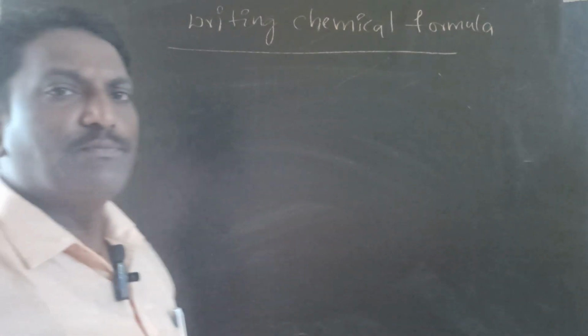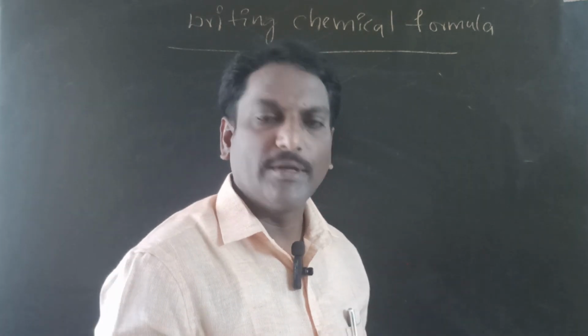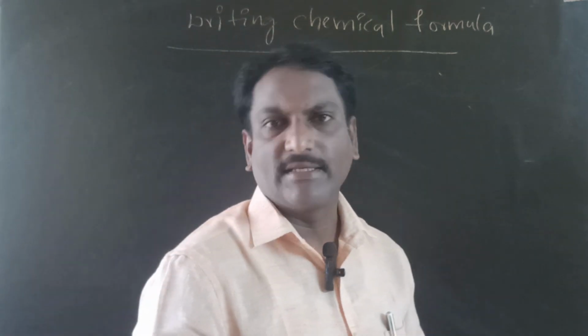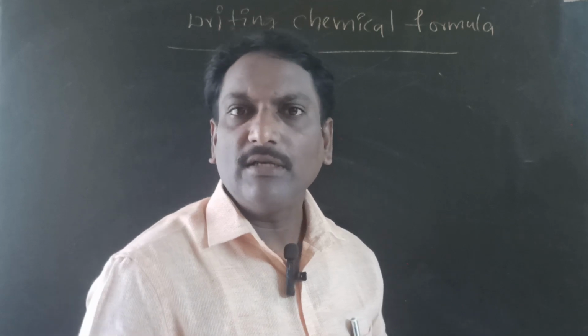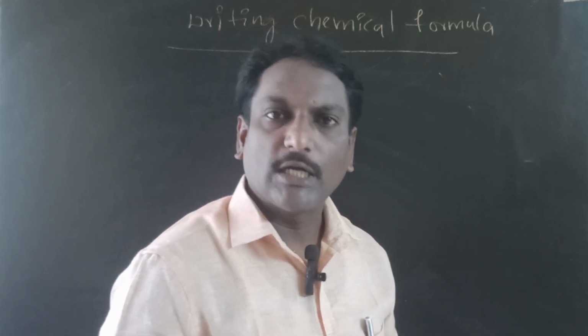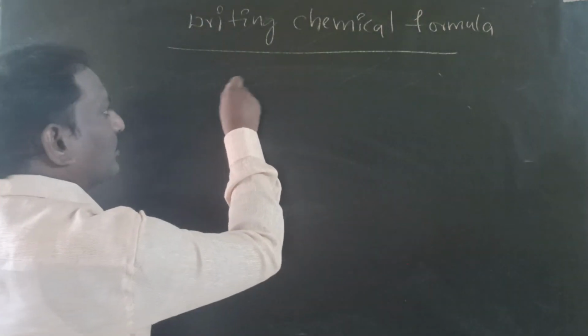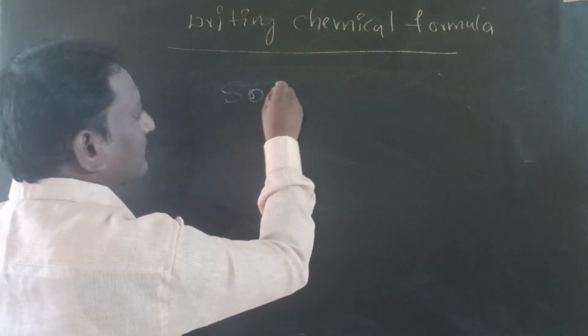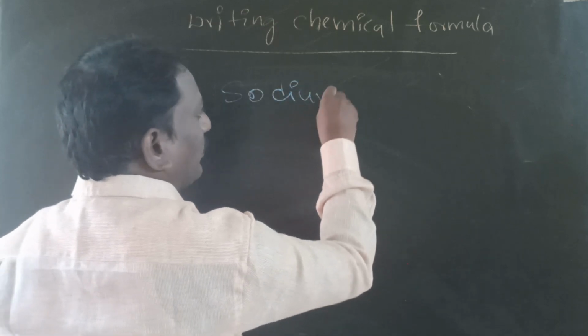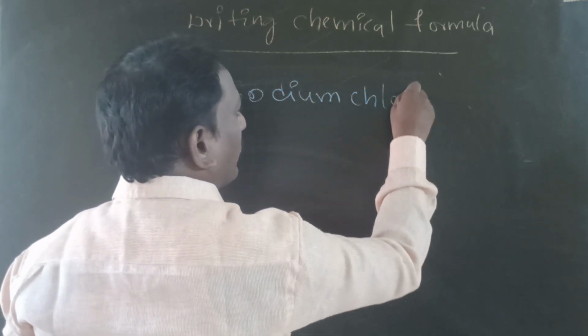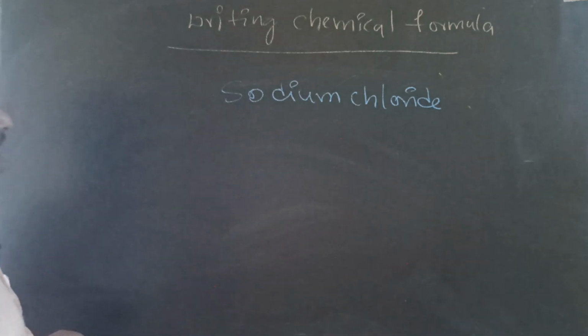So let us take a very simple example, that is sodium chloride. It's a very well known example. We are very familiar with sodium chloride because it is called common salt, also simply called salt.